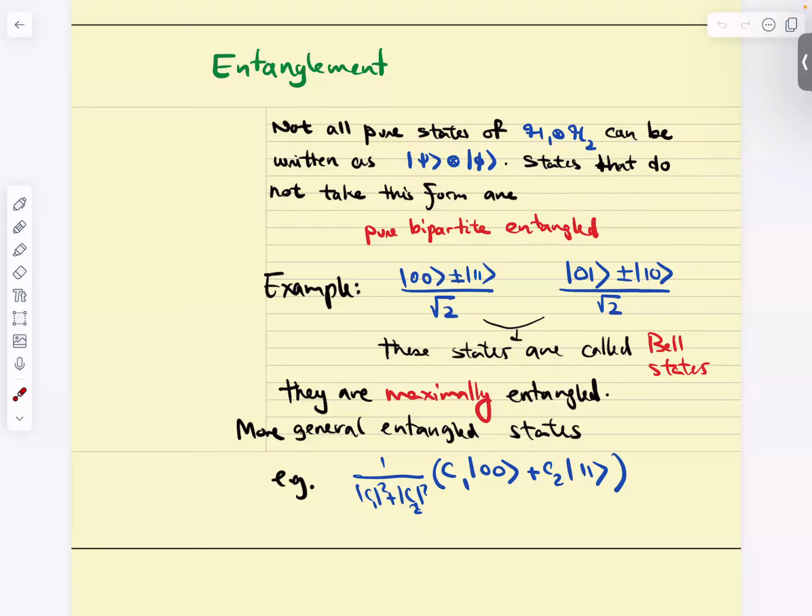The simplest way to see this was just a counting argument. The number of degrees of freedom that represents a ket of dimensionality dA times dB: how many real variables does it have?